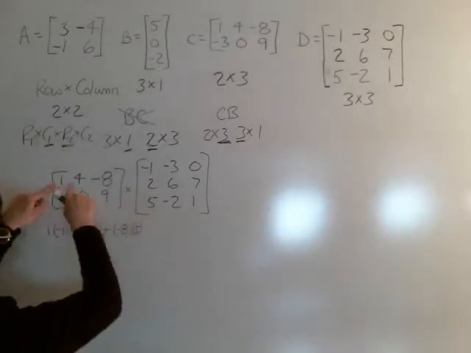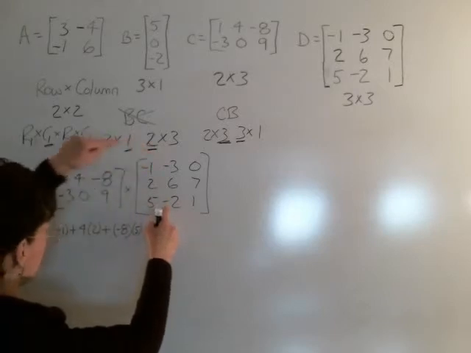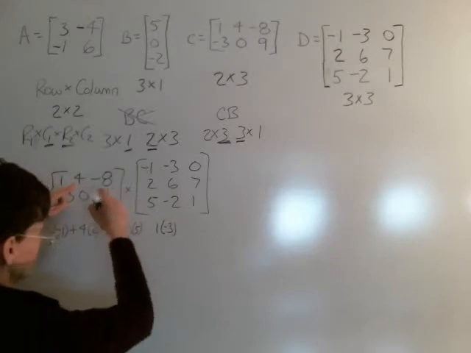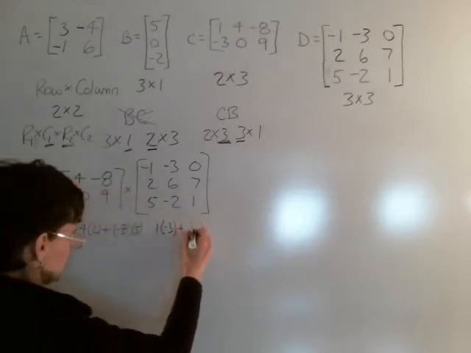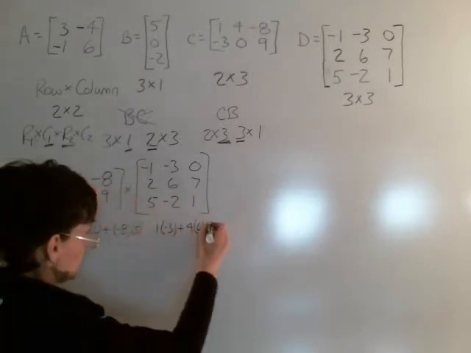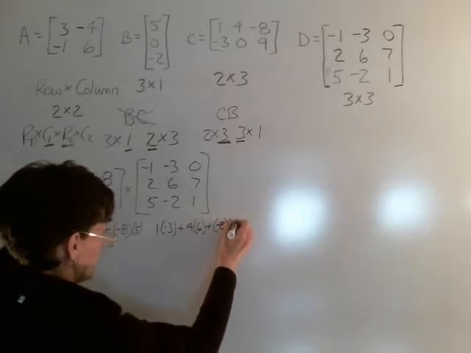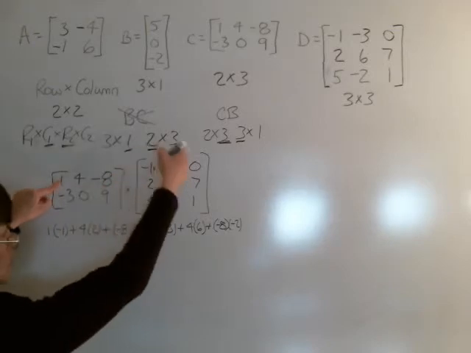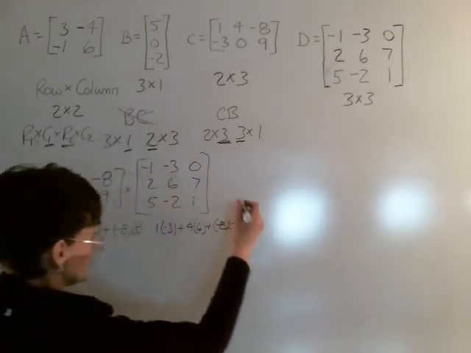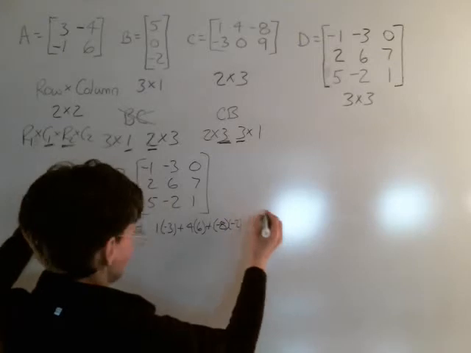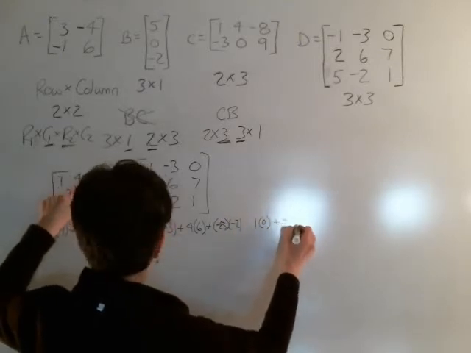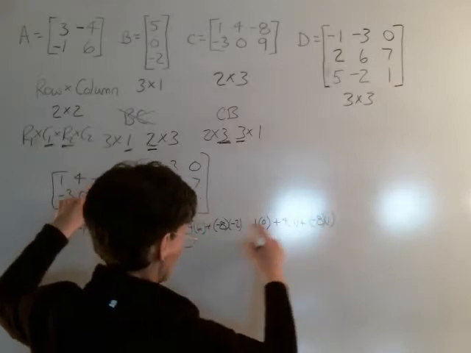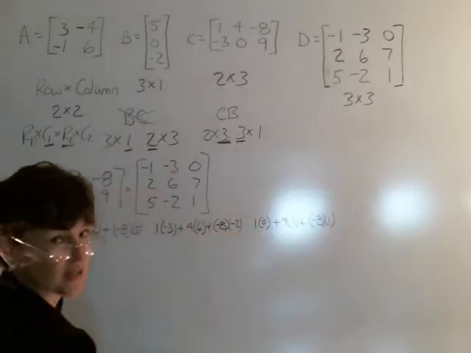Now I take this row and multiply it by the second column: 1 times negative 3 plus 4 times 6 plus negative 8 times negative 2. There's my second number. Now I take the first row and multiply by the last column: 1 times 0, and then 4 times 7, and then negative 8 times 1. I'm adding all of those. So there are my first 3 terms in my matrix.